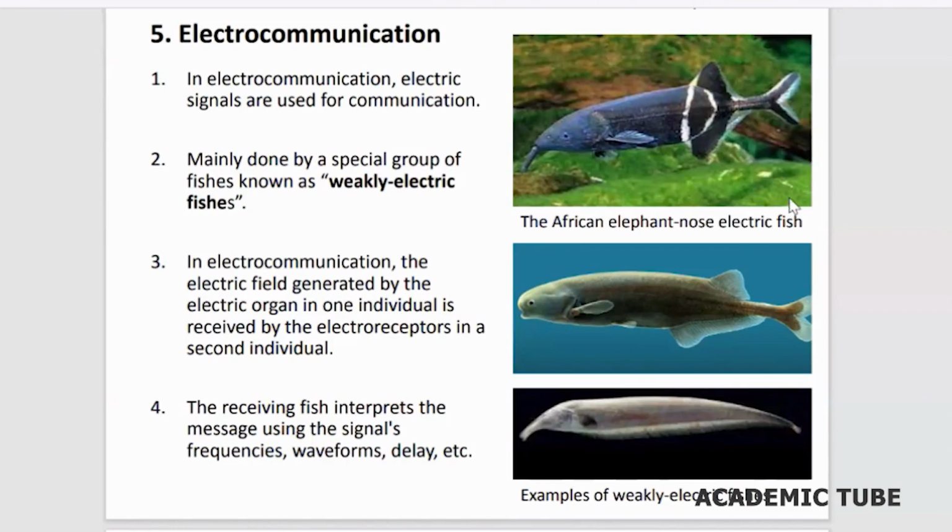Okay, so in order to produce electricity, these weakly electric fishes have electricity producing organs. Then you should understand they should have receptors that capture the electric field produced by another animal, another fish.